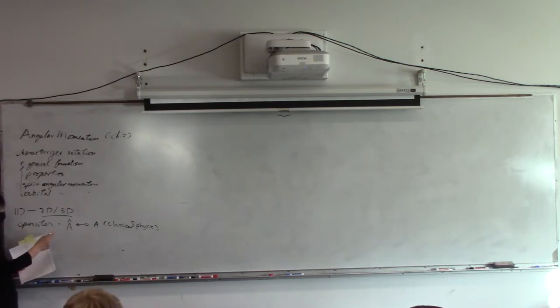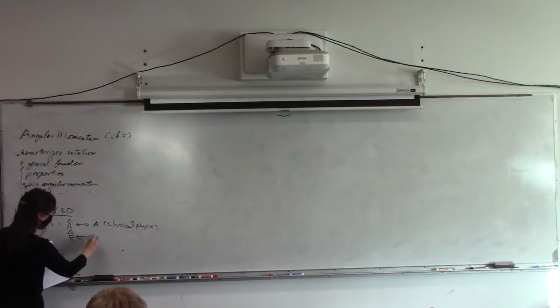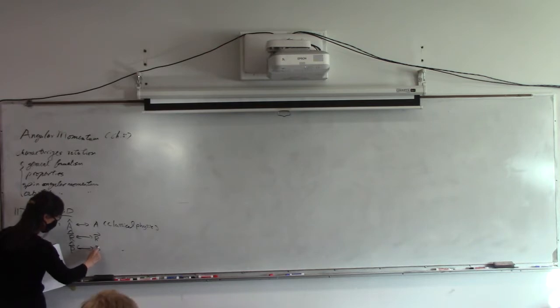Just remember, the position operator R corresponds to position in classical physics, and the momentum operator corresponds to momentum in classical physics. So the Hamiltonian operator is the kinetic energy operator plus the potential energy operator.